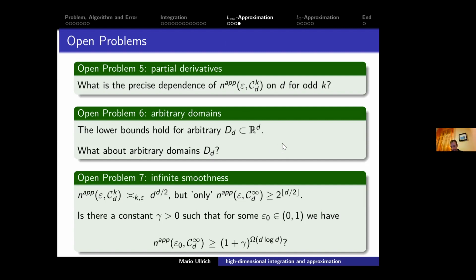Okay. So this was everything about these simple classes C^k, and let me add a small comment here. These tractability studies, and how things depend on d, are very sensitive to the class of functions you consider.